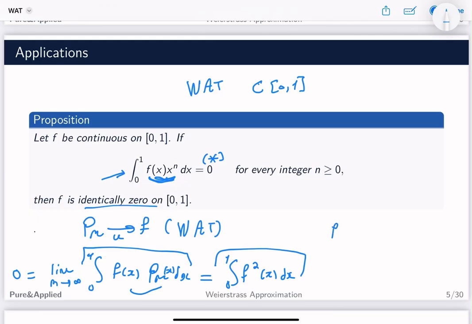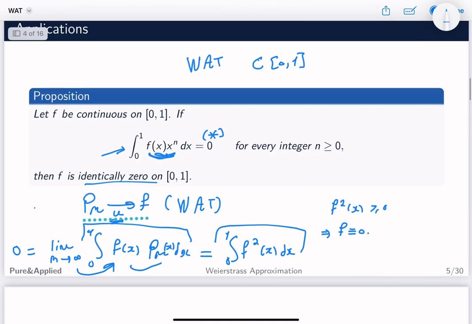Since the function is continuous, this implies that f must have been identically 0. By the way, we could interchange the limit and the integral here because of the uniform convergence. That's a basic analysis fact.